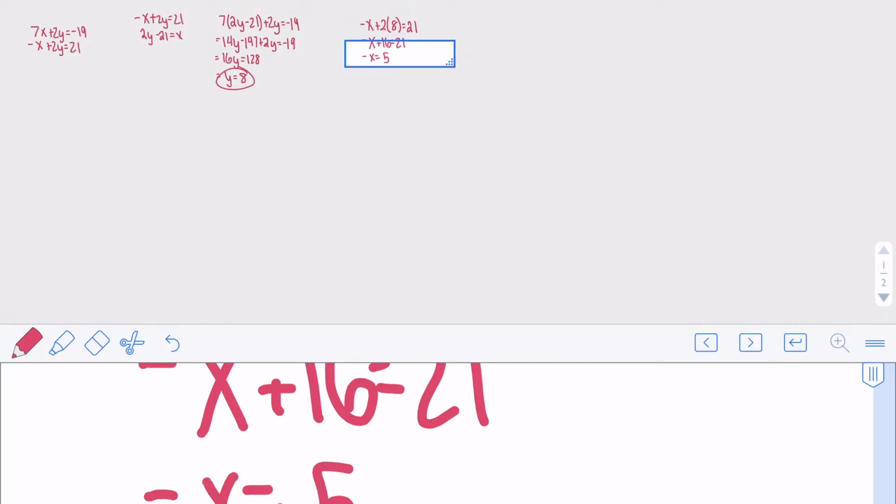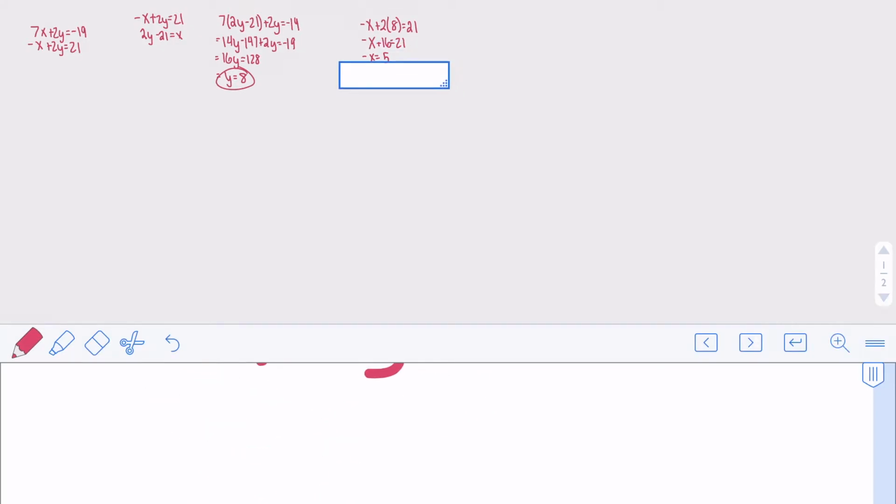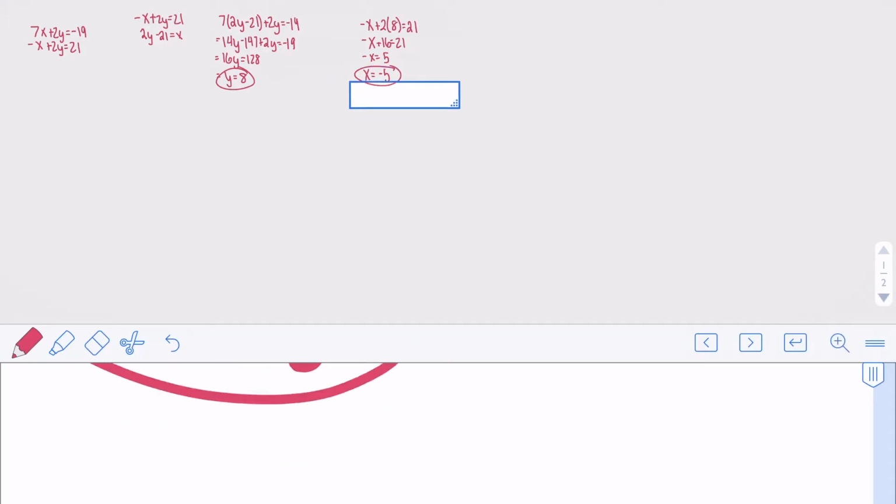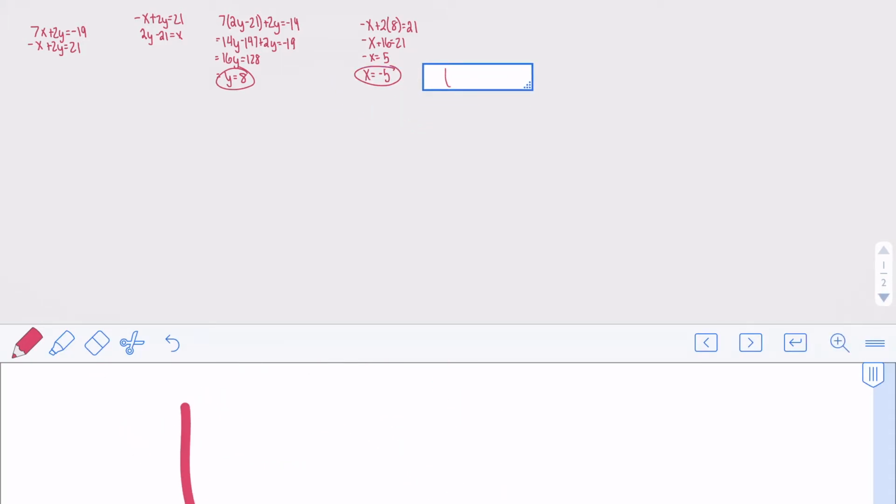Then having negative x plus 16 equals 21, giving me negative x equals 5. Divide both sides by negative 1, getting x equals negative 5. Now I will put that in parentheses and I have an answer of negative 5 comma 8.